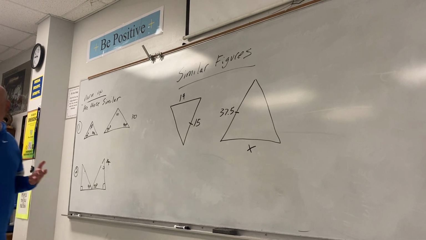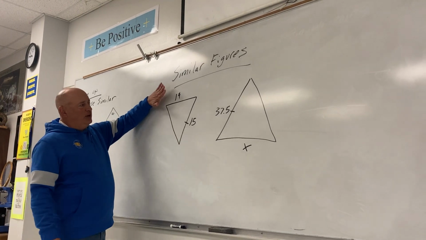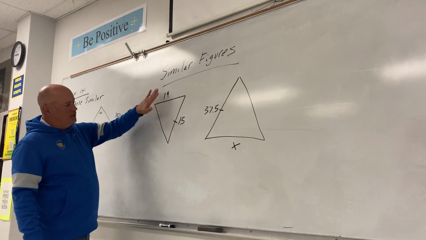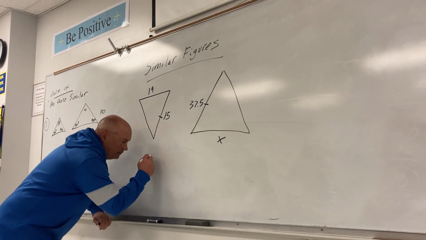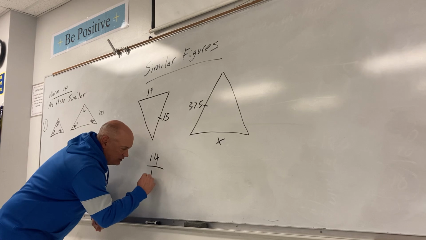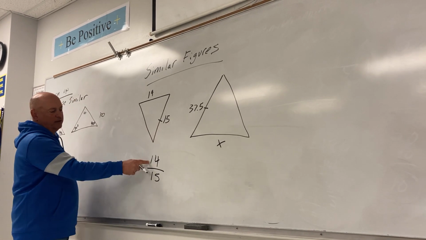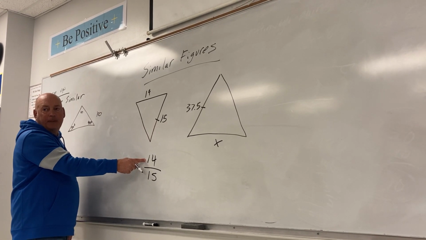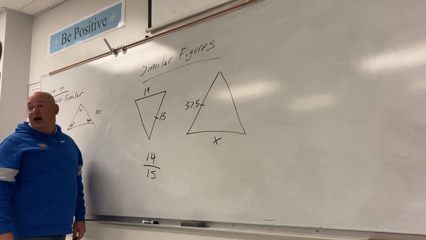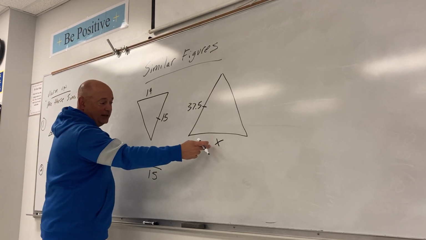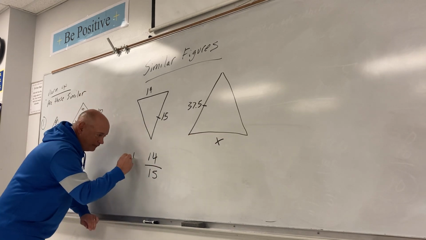Are you with it? All right, so I'm going to start with this triangle. I would always put 14 over 15 as my fraction. I usually don't change stuff up, but let's label it. 14 is on the, well, it's either the top or the bottom. I like to think of it like this. It's the bottom.